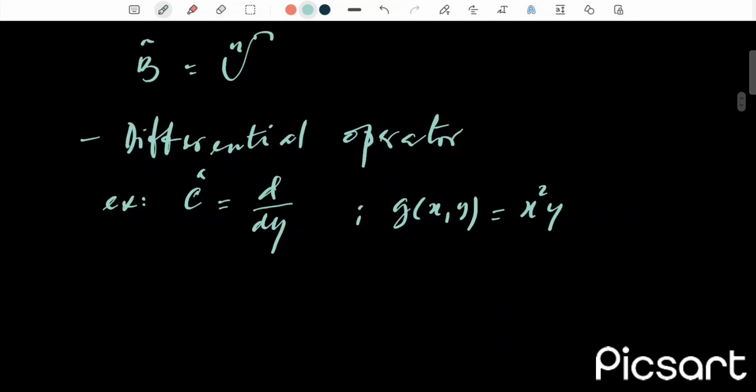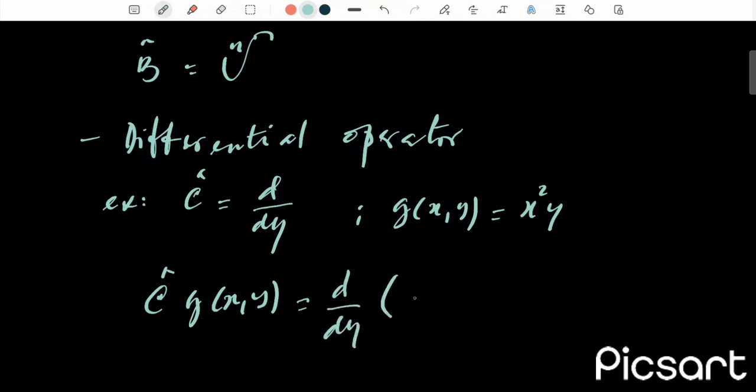Then when we act C on the function g of x and y, we get d over dy of x squared y.